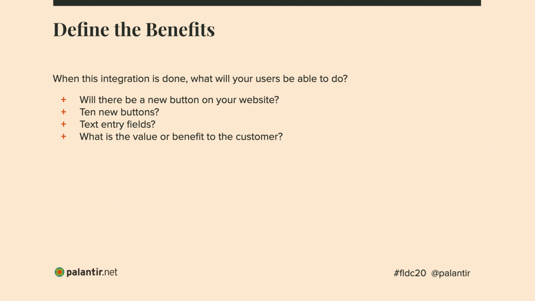So that's the idea here, right? Starting with that end state, what are your users expected to do? That should drive the complexity or your understanding of how deep to go into this. Some integrations put a button on your page, and that's all it does. What that button does, maybe you care, maybe you don't.